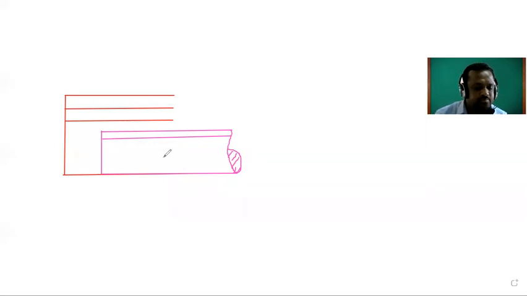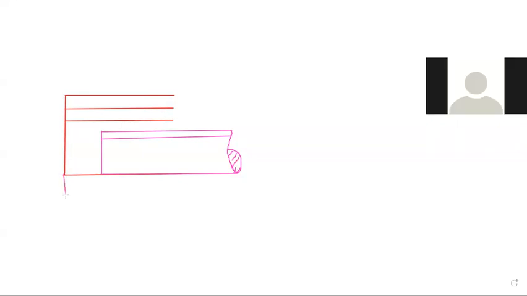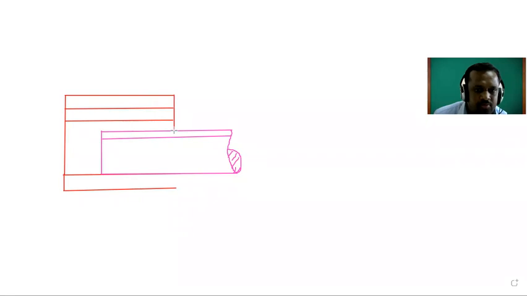This is the shaft. So wait for 2 minutes. I will draw the figure completely and then we will discuss.